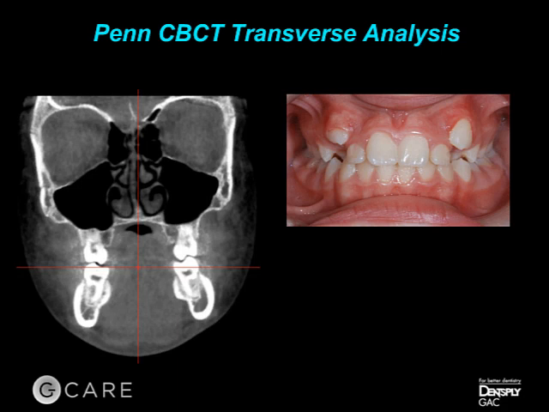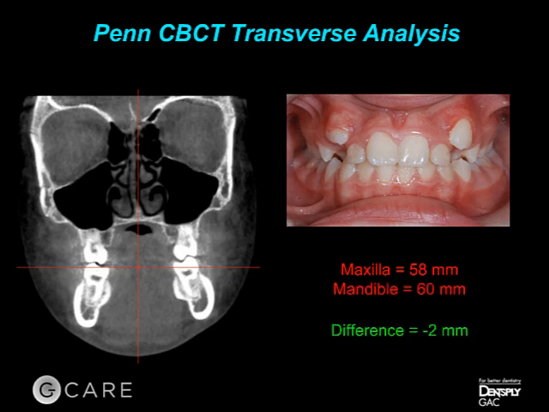Well, let's take a look at this. Let's measure her maxilla. Her maxilla is 58. Her mandible is 60 for a difference of -2 millimeters. If our goal is to have our upper jaw 5 millimeters wider than our lower, that would basically mean that she's going to need 7 millimeters of expansion.